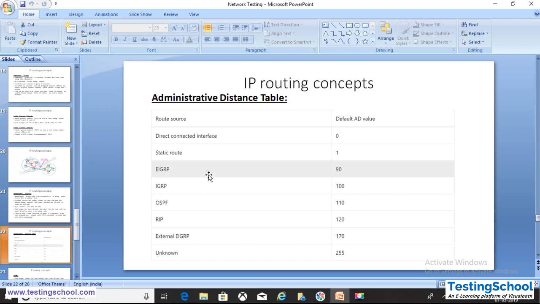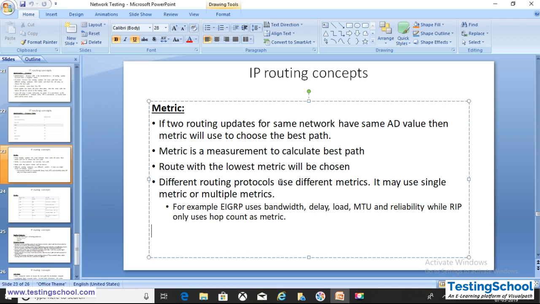When we say cost, we mean how effective that path is. If the cost is less, that path will be preferred over a more costly path. So here is the list: EIGRP, bandwidth, delay, load; OSPF, cost; RIP, hop count.